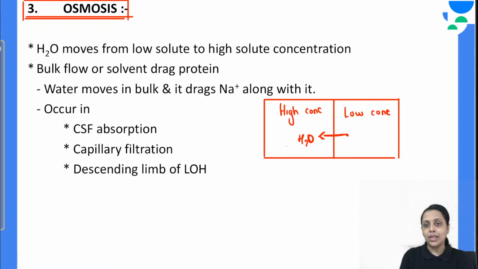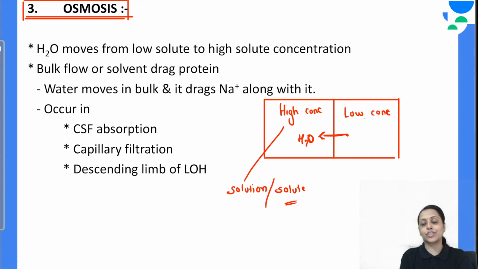Is this clear? What happens in osmosis? You can say higher concentration of solution or higher concentration of solute. So water moves from lower concentration of solution to higher concentration of solution in osmosis, or you can say water moves from lower concentration of solute to higher concentration of solute.